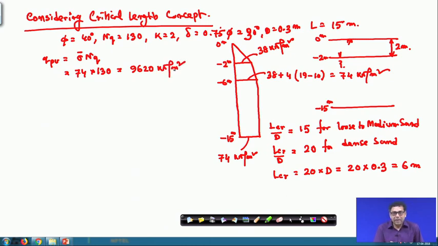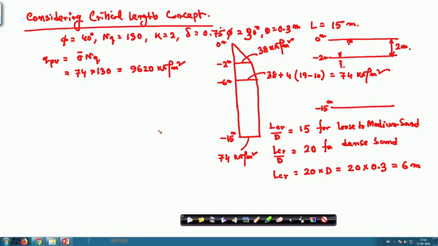As I mentioned in the last class, this value is less than 11,000 kilonewton per meter square, but some researchers have suggested that if this value is greater than 11,000 kilonewton per meter square, you can take it as 11,000.